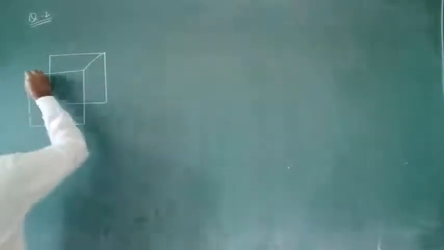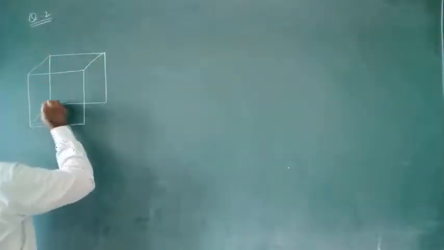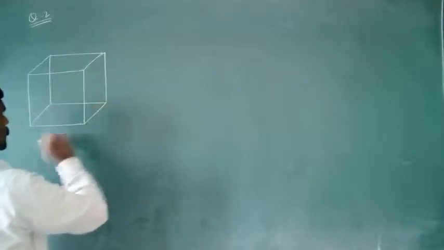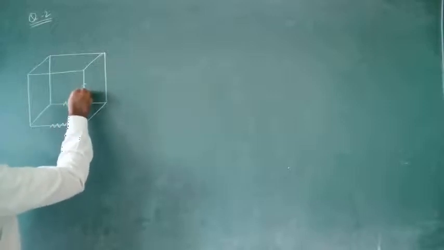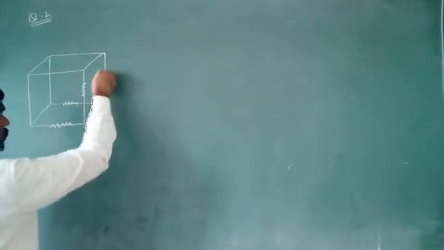Here resistance is equal to R. This is a skeleton cube. All are identical resistors. Resistance of each resistor is small r.